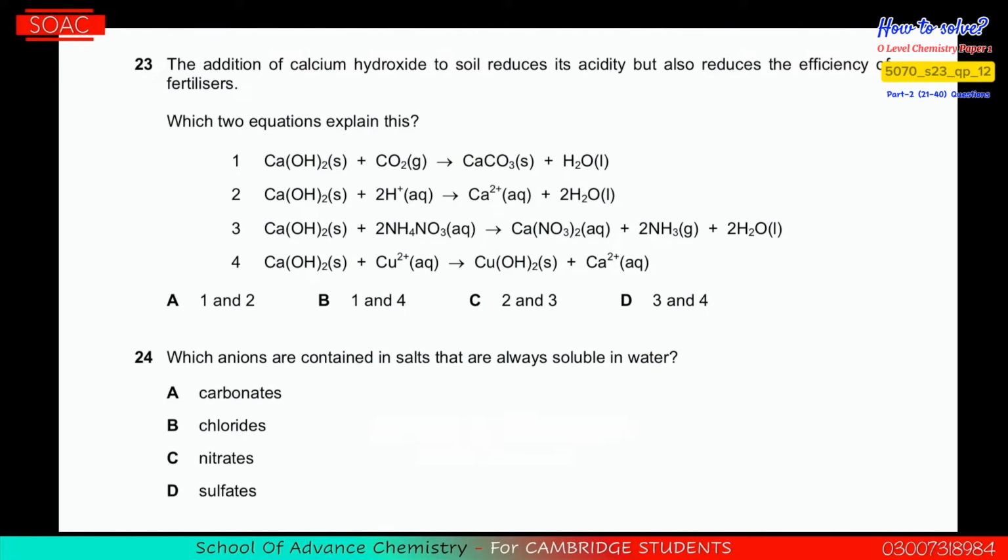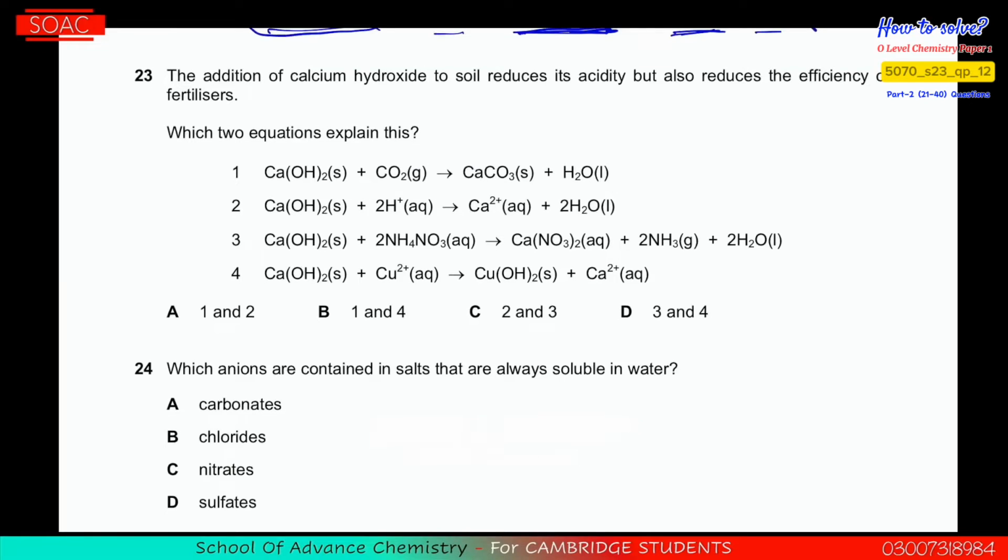Question number 23. The addition of calcium hydroxide to soil reduces its acidity but also reduces the efficiency of fertilizers. Which 2 equations explain this? Calcium hydroxide decreases the acidity of soil, and it also reduces the efficiency of the fertilizers.